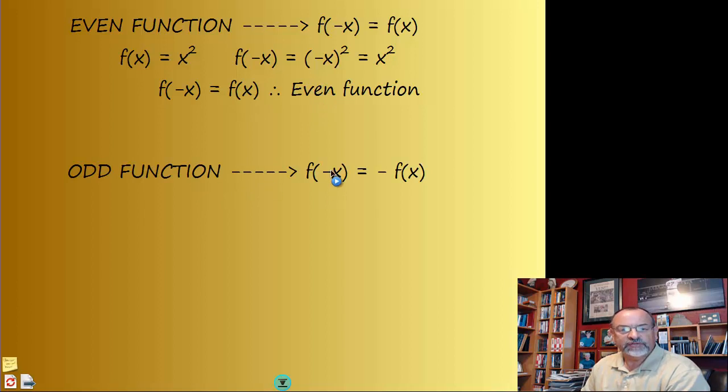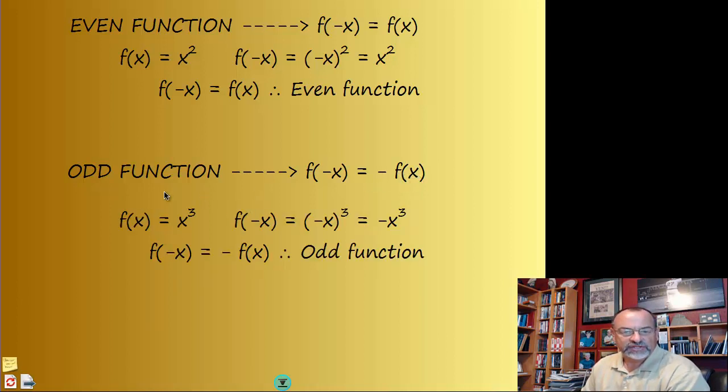For an odd function, when I put in a negative x value, I don't get the same y value, but I get the opposite y value, meaning the entire function is the opposite of what it is when I put in positive x. So again, algebraically, for an example, here's x cubed. If I put in negative x for x and I simplify it, I get negative x cubed. Notice this is the opposite of x cubed and this is x cubed.